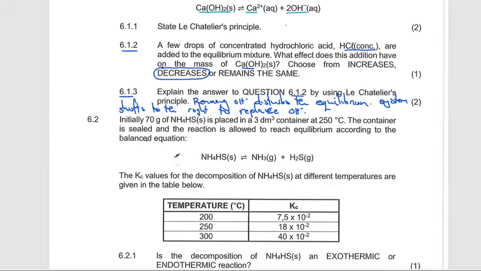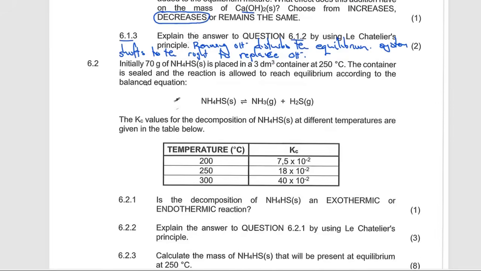That's how we apply that one there. So more calcium hydroxide therefore dissolves to produce Ca2+ and OH-. The mass of the solute, which is our calcium hydroxide, is therefore going to decrease.